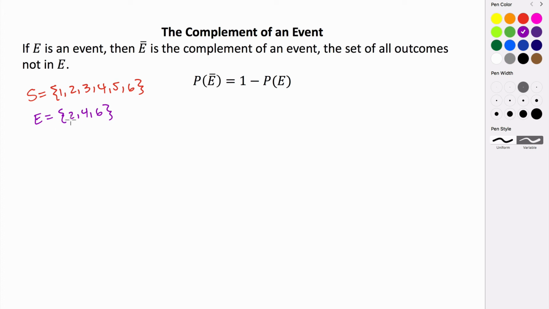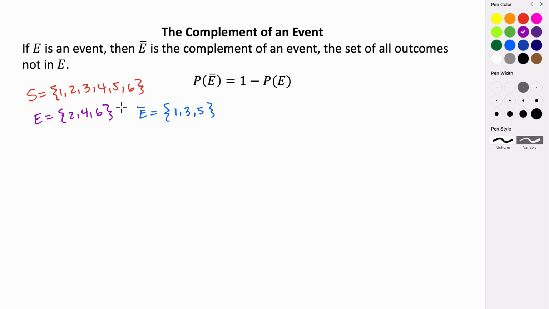we know that its probability is 3 out of 6. We could calculate the probability of its complement by taking the total probability, 1, and subtracting the probability of this event E. Now, when we're talking about the complement for this event, E bar, it is just any element that is not in E. So if E is just the even numbers, 2, 4, 6, its complement would be the odds, 1, 3, 5 from our sample space.